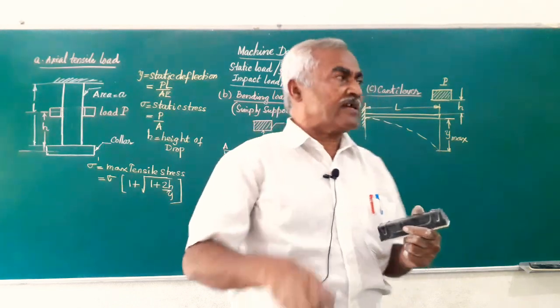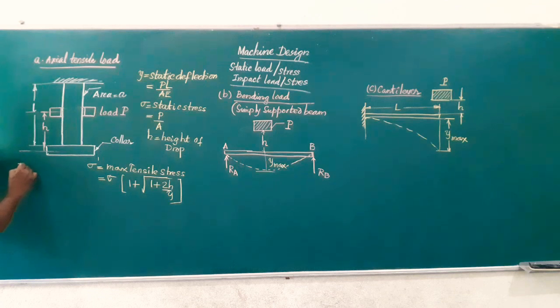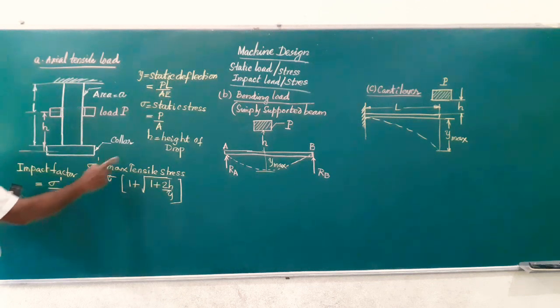That is, impact factor IF is given by sigma dash by sigma, that is, the maximum stress in the rod due to the impact divided by the nominal stress, that is, the static stress.